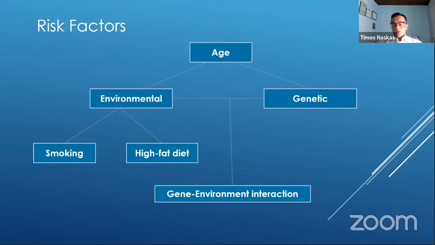And actually the gene-environment interaction can help modify AMD susceptibility. So the most frequent environmental causes of AMD are smoking and high-fat diet. And I haven't built on the genetic component of AMD because there is a huge genetic background. The most frequent gene responsible for the disease is the CFH gene, which encodes in the inflammatory pathway. But there are several genes taking place.